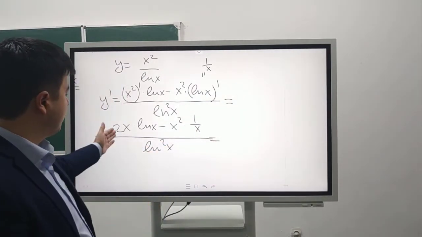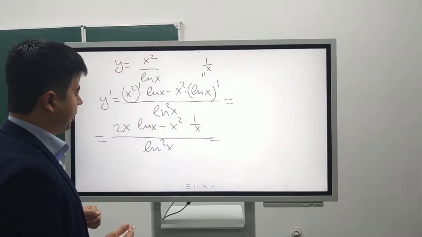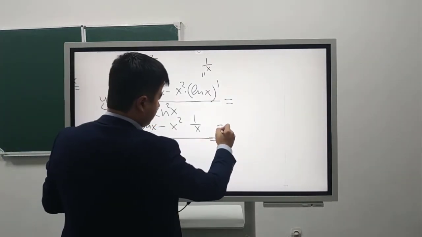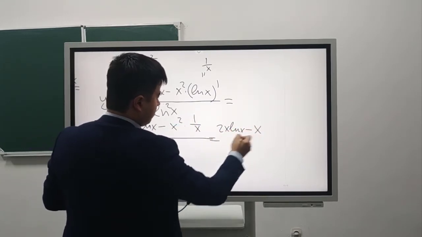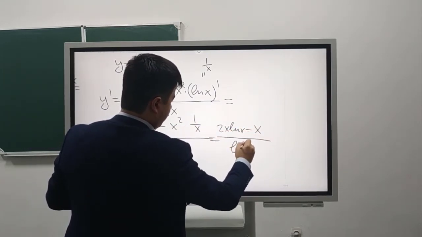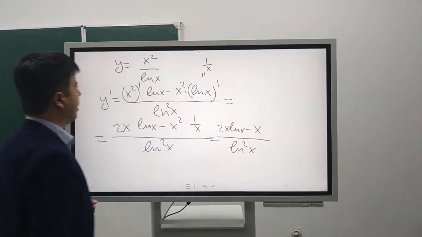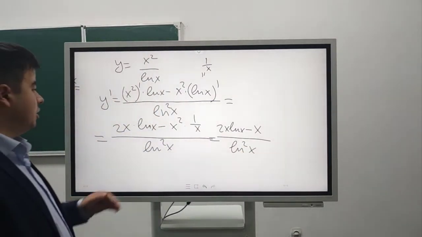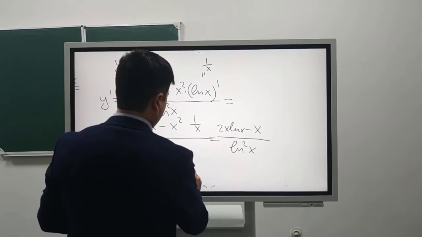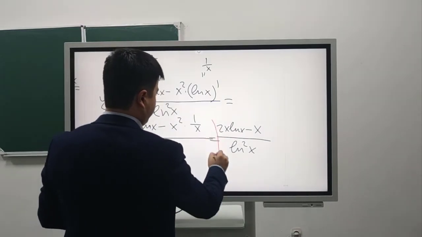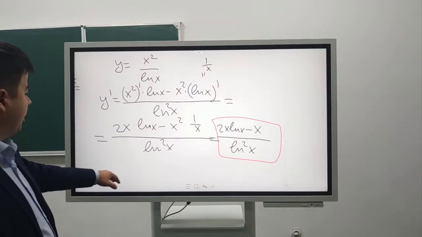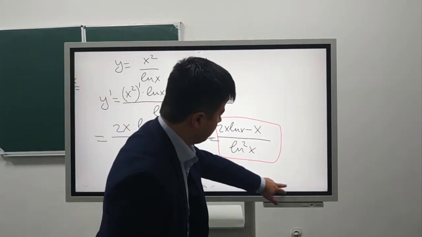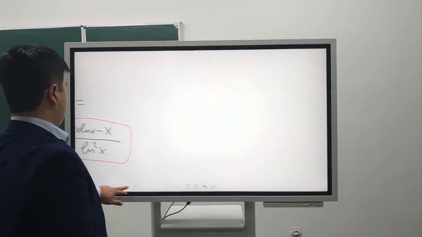Continue: 2x times natural logarithm of x minus just x over natural logarithm squared x. This is the derivative of our given function. Okay, now let's consider the next example.